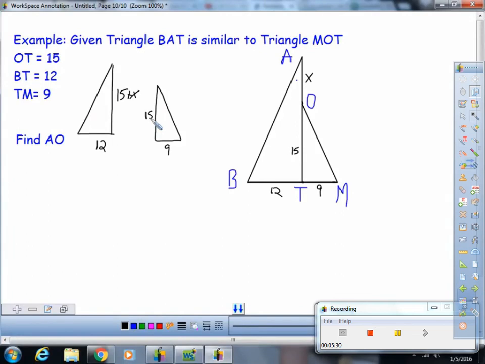We're going to use this picture to set up a proportion. Let's label the similarity statement to make sure that we follow the right order. So we know that AT is to OT like BT is to MT.